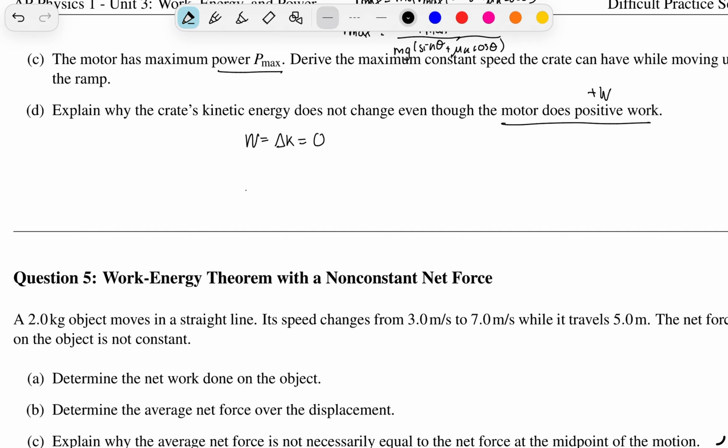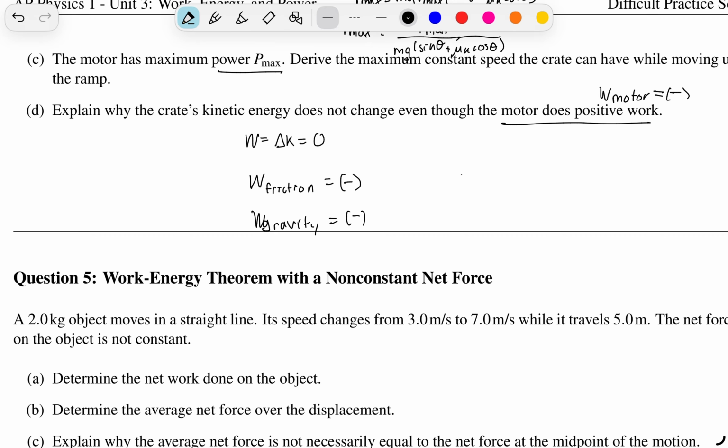However, we know that the work done by friction is going to be doing a negative work. And also the work done by gravity is going to do a negative work as well.